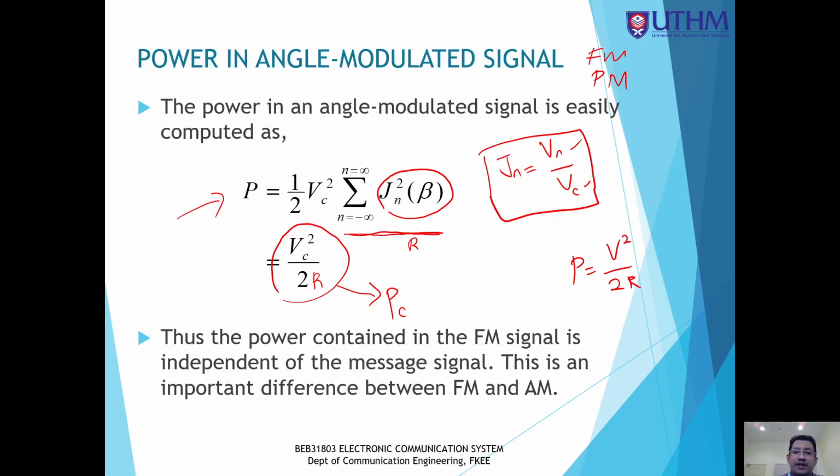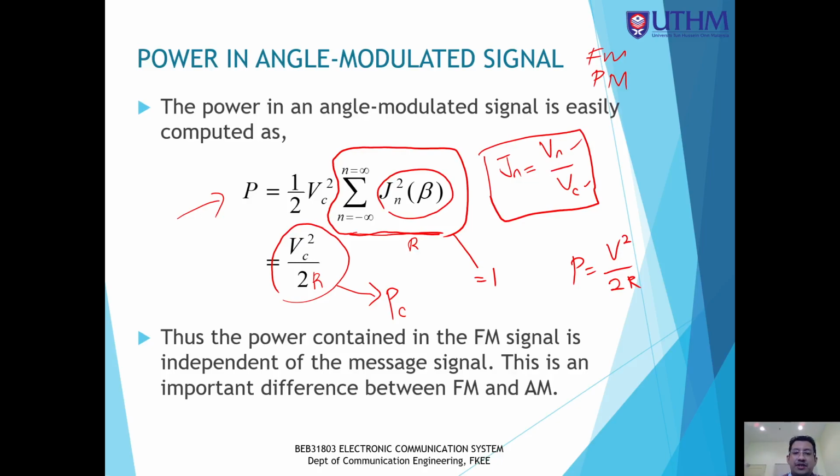As I mentioned last week, the summation of Jn square from minus infinity to infinity is equal to 1, because according to the Bessel properties, this summation produces a value equal to 1.